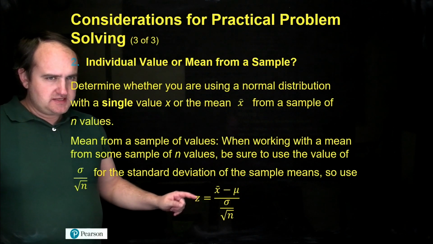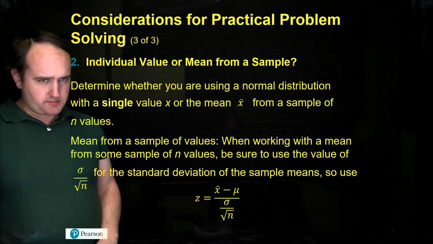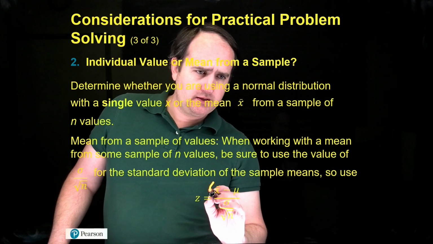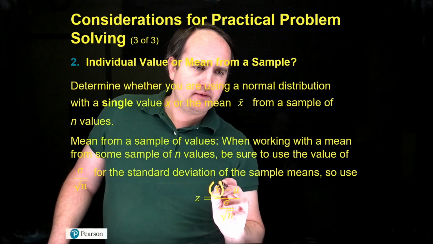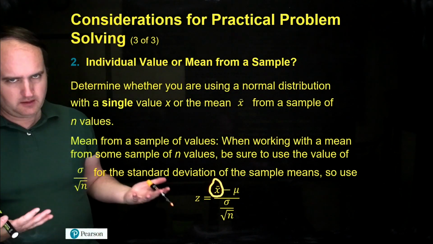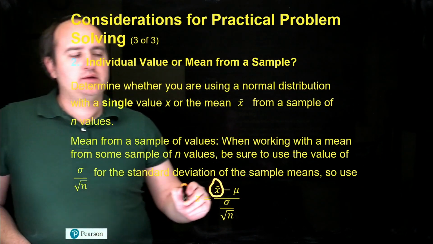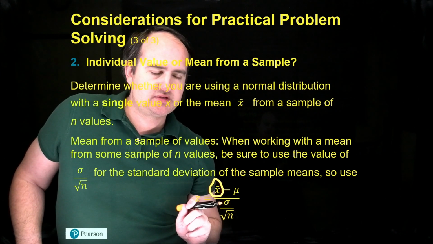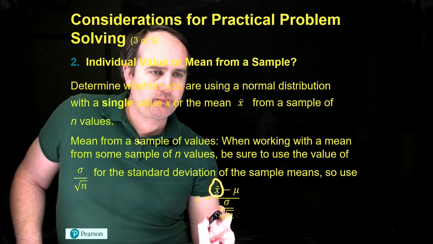It's still z equals x minus mu over sigma. It's just here, instead of x, we have an x bar, which is standing in for x in a way. And then down here, instead of sigma, we have sigma over the square root of n.